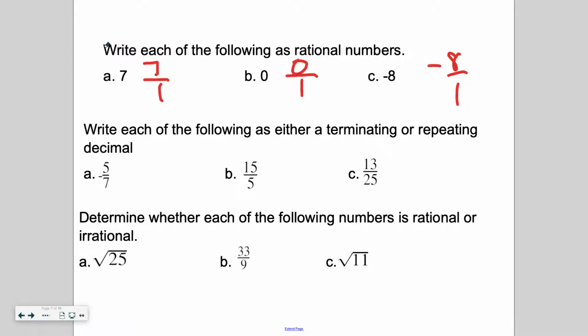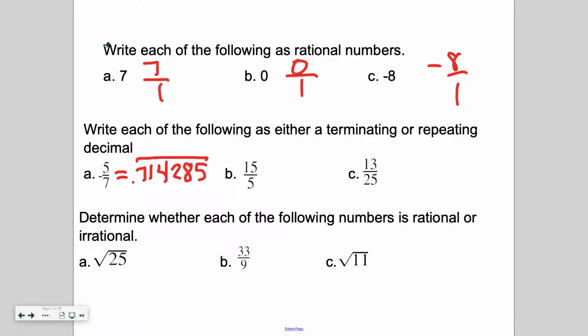Okay, so mine says 0.7142857, and then it starts repeating again. It says 7 1 whatever. So then you put a bar above the repeating part.